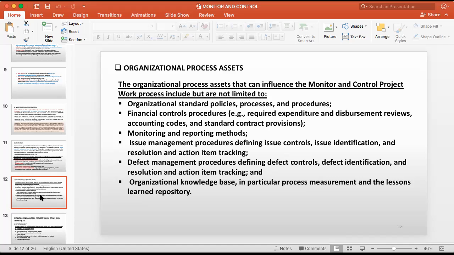And issue management, how do you carry out the issue management? There will be some checklists developed. And if you are carrying out some maintenance work of a plant, how are you going to carry that out? There will be some checklist, and there will be some durations identified. So all these things are in the organizational process assets.